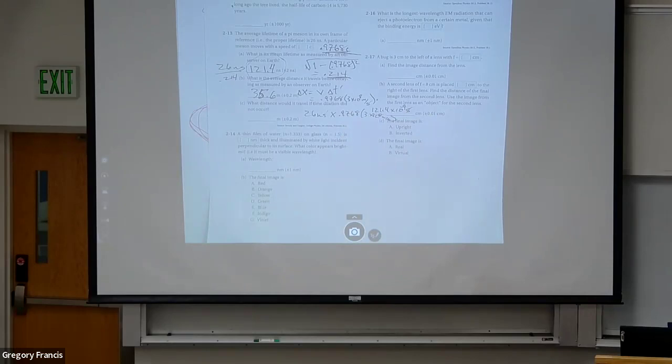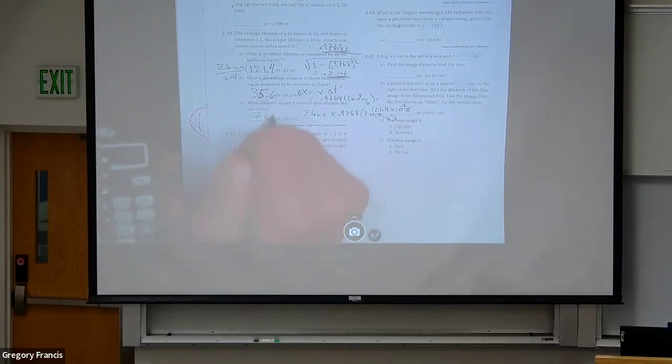I can also do that by just multiplying by the factor of 0.214, and I get 7.61 meters.